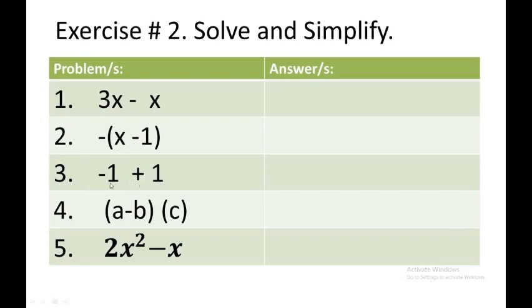Number 4, a minus b multiplied by c, the difference of a and b multiplied by c. Number 5, 2x squared minus x. Okay, your 20 seconds starts now.